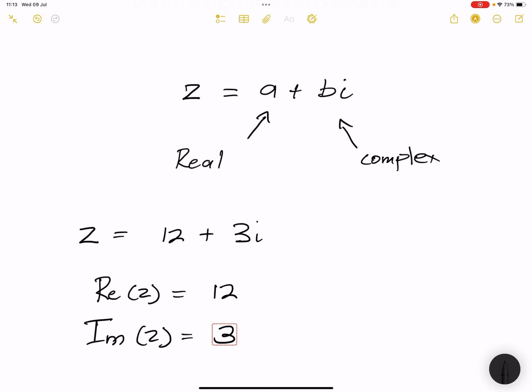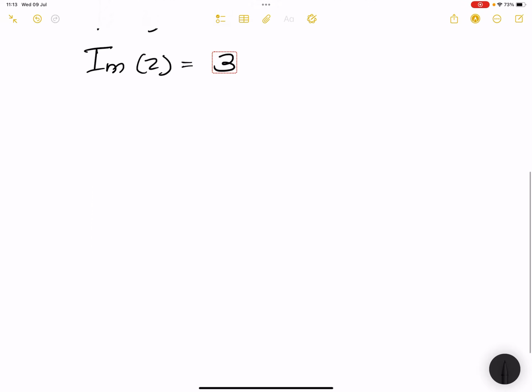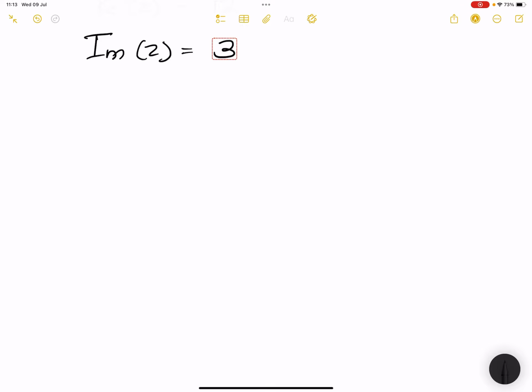Okay, right, now I want us to go into the multiplication of these. Whenever it comes to multiplication of complex numbers, we are going to use the rules of multiplication as we know them in mathematics. Let's take an example.